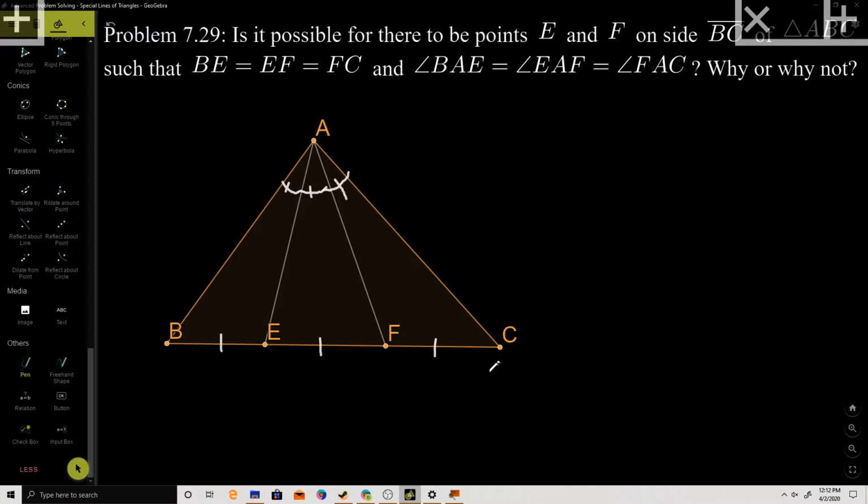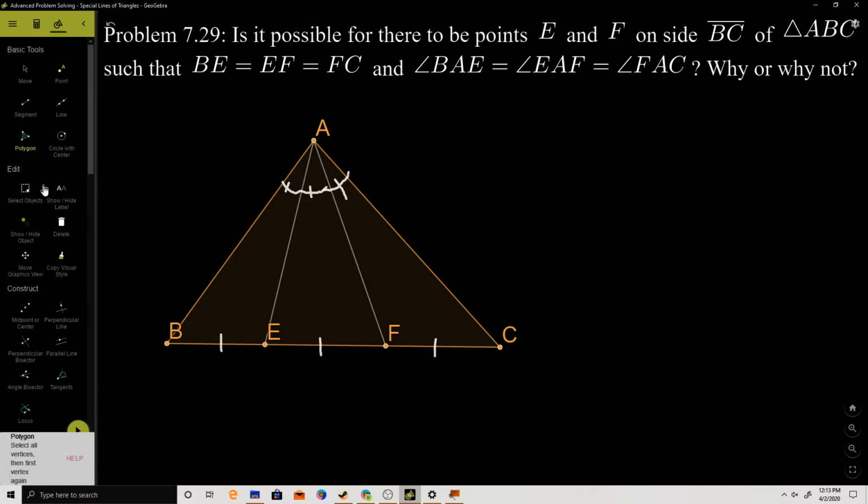Is it possible for this triangle to exist? Well, I have equal angles, which makes me think angle bisectors, which makes me think the angle bisector theorem. Now, the angle bisector theorem, I can make some ratios out of that. So, which triangle could I use to do that?